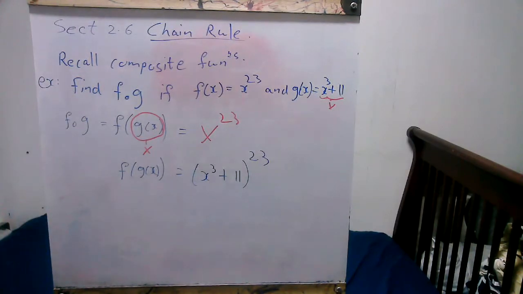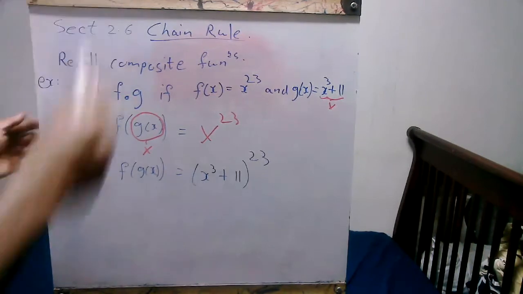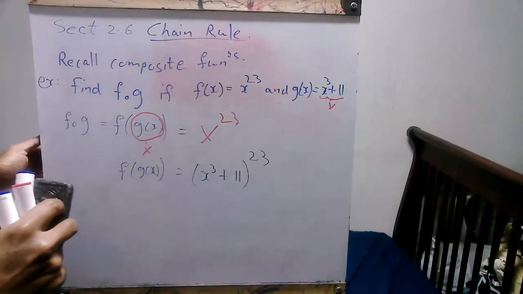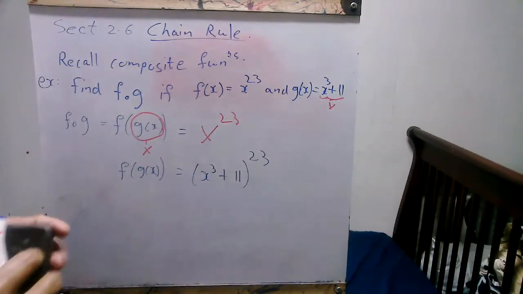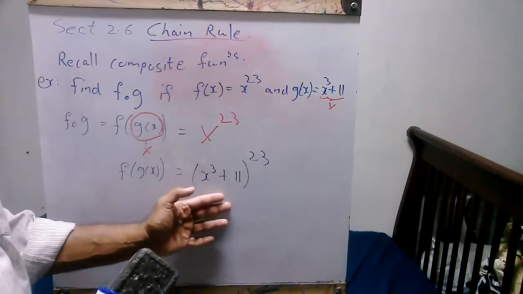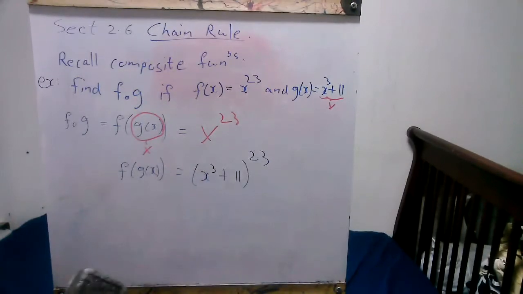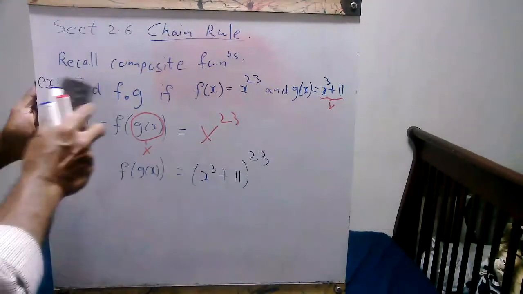Alright, so let's see why we need chain rule. We need chain rule to differentiate functions like this. Right? Let me write an example.